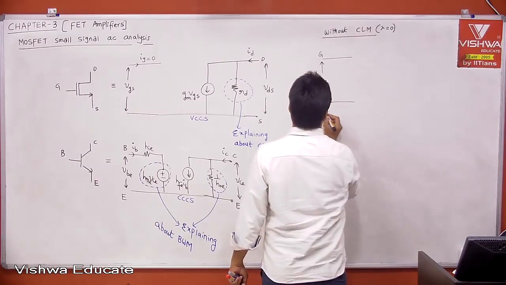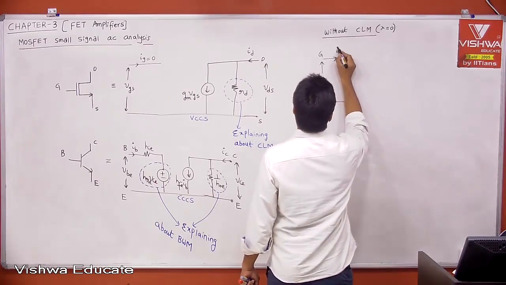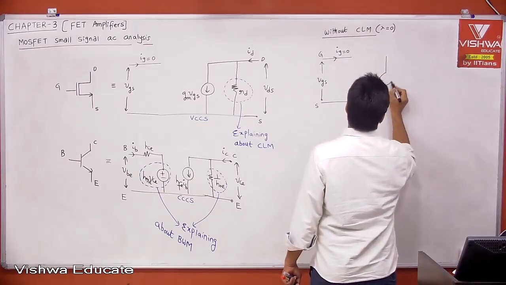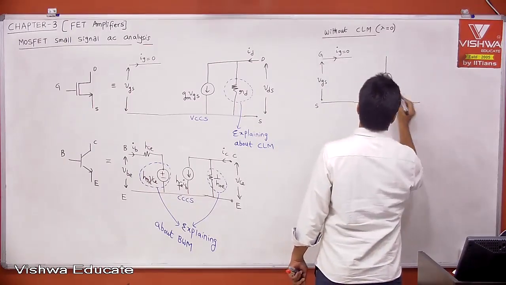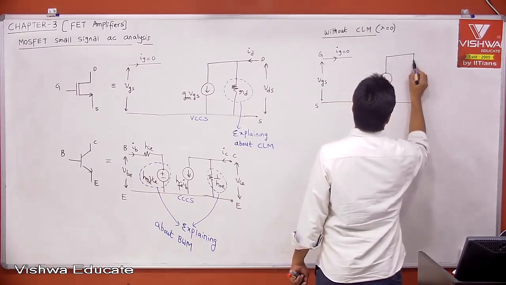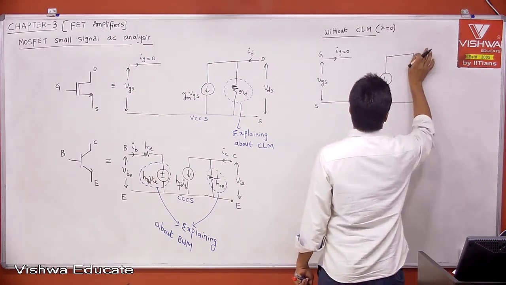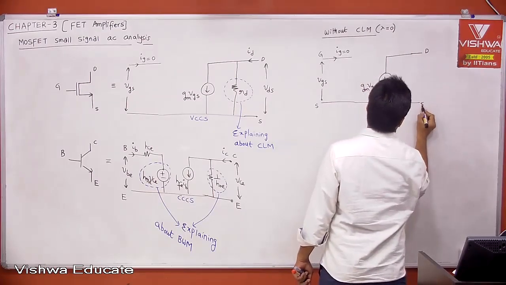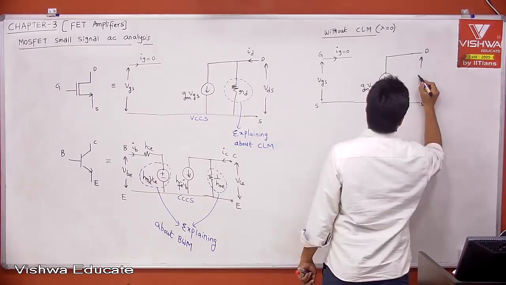gate, source, the gate current is equal to 0. Okay, and this is GM into VGS. Now RD is not there, right? Therefore, it is simply drain and source. This is your VDS.